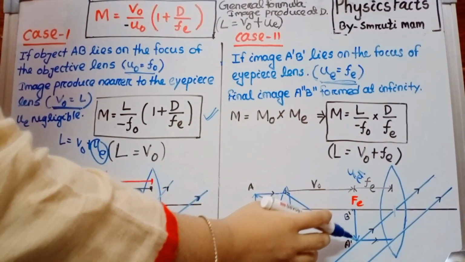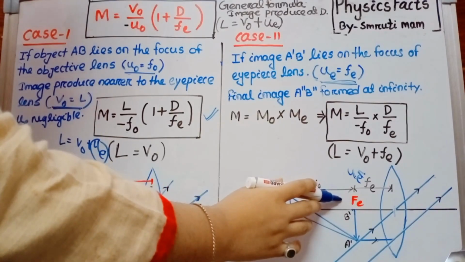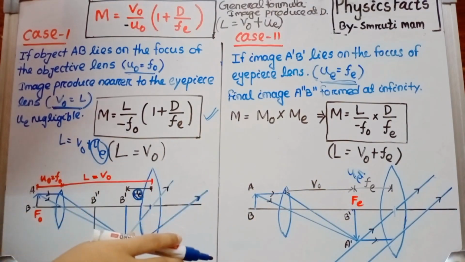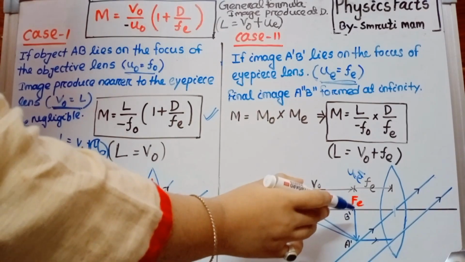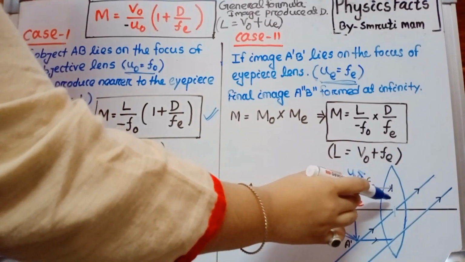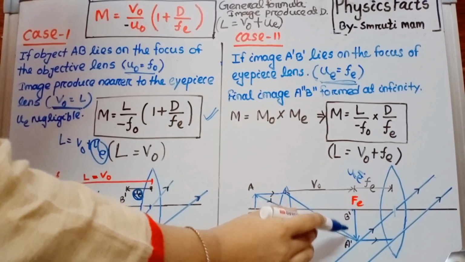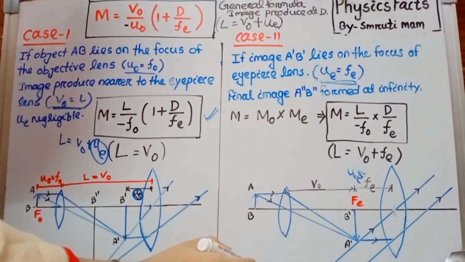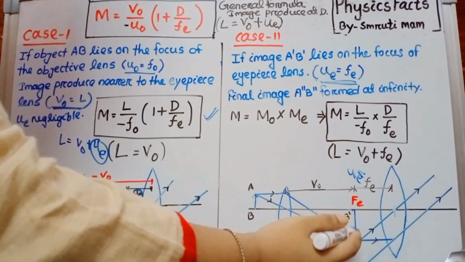At this condition, we know that if the object is placed at focus, the image is produced at infinity. ये जो A prime B prime इमेज है, ये आईपीस के लिए ऑब्जेक्ट की तरह काम करता है। तो ऑब्जेक्ट कहाँ पर है? फोकस पर है। तो फाइनल इमेज कहाँ पर प्रोड्यूस होगा? इन्फिनिटी पर। Okay.